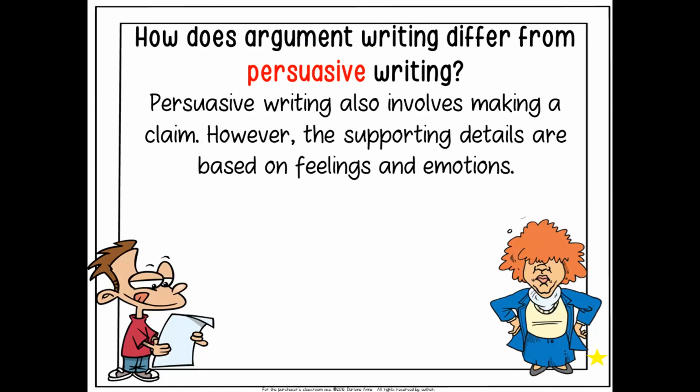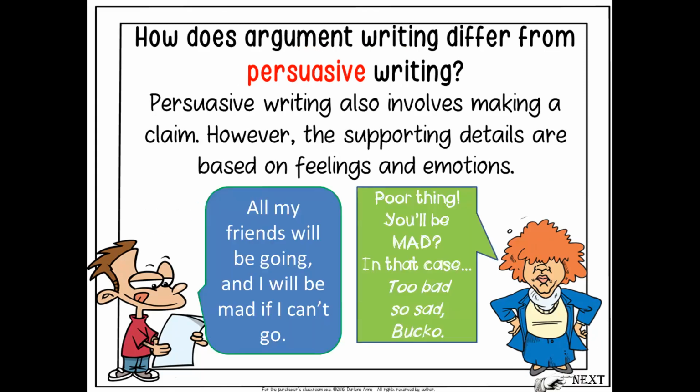Persuasive writing differs from argumentative writing because persuasive writing also involves making a claim. However, the supporting details are based on feelings and emotions, whereas argumentative writing is based on fact. So: all my friends will be going and I'll be mad if I can't go. He's trying to persuade her.